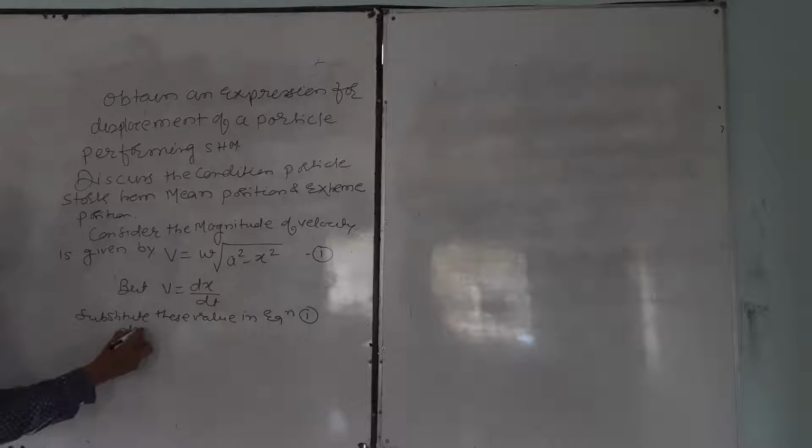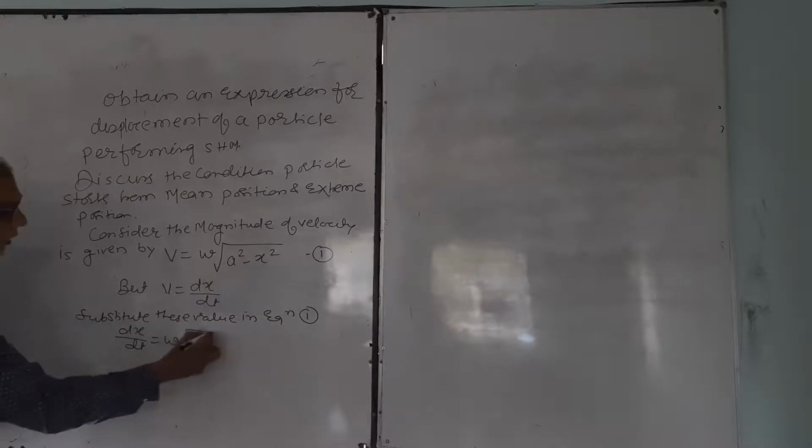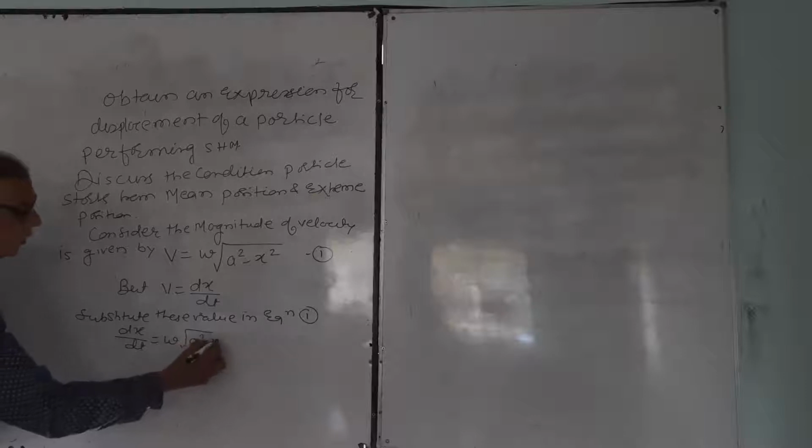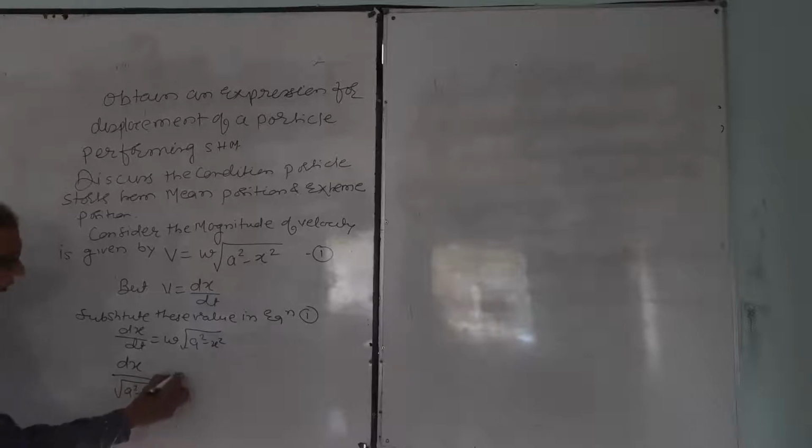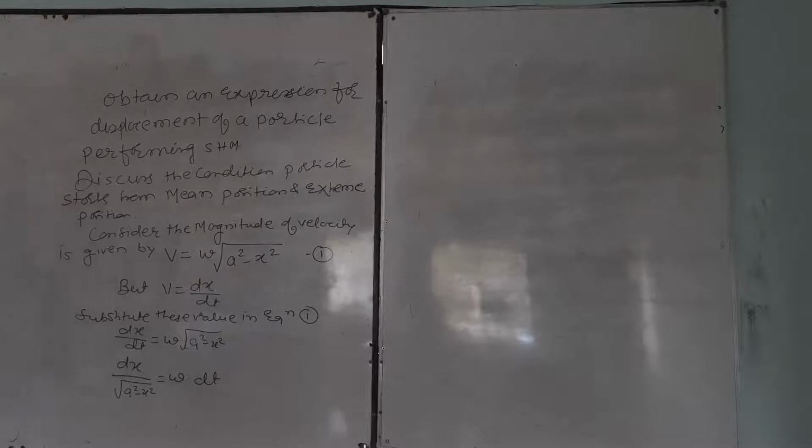Therefore, dx upon dt is equal to omega into under root of a square minus x square. Changing the terms, dx upon under root of a square minus x square is equal to omega into dt.